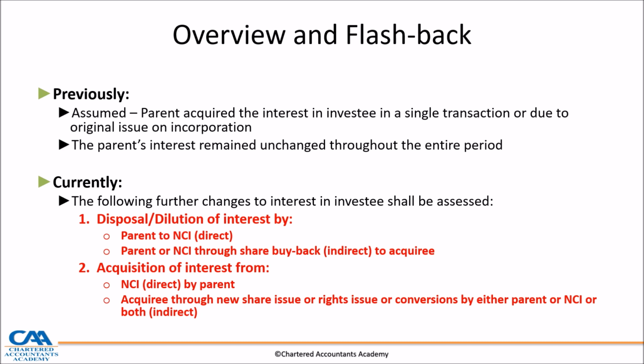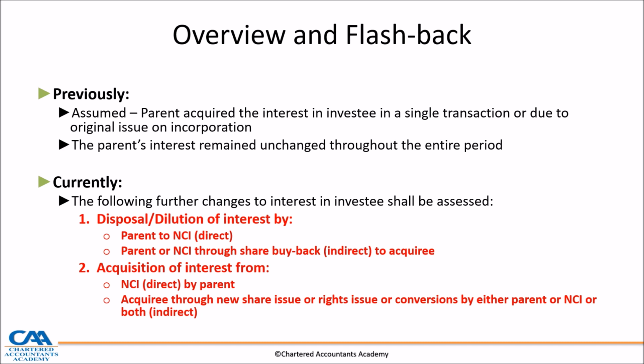Whereas now, after acquisition of that subsidiary or associate or IFRS 9, there are a number of things that could happen that could cause change. As an example, there could be a disposal or dilution of interest by parent to NCI through sale, or by parent or by NCI through share buyback to acquiree, which you call indirect.